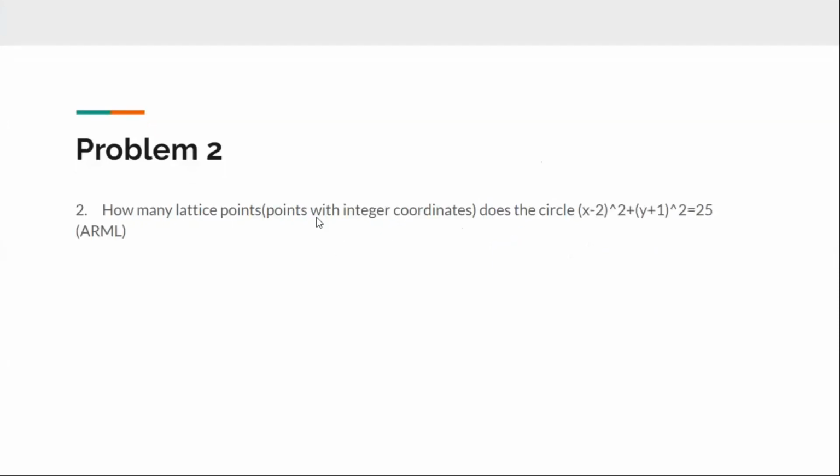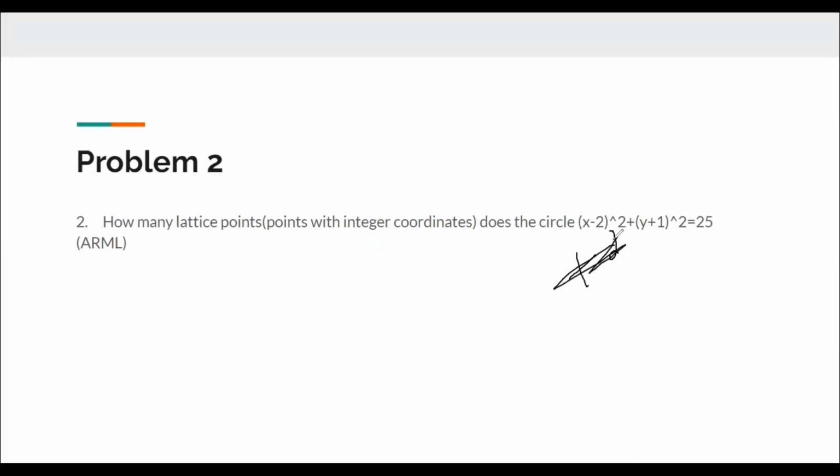Alright, how many lattice points with integer coordinates does the circle (x minus 2) squared plus (y plus 1) squared is equal to 25 have? How many lattice points lie on the circle? And this is from ARMO. So this is also another hard competition. So since they're integers, you want to find when a squared plus b squared is equal to 25.